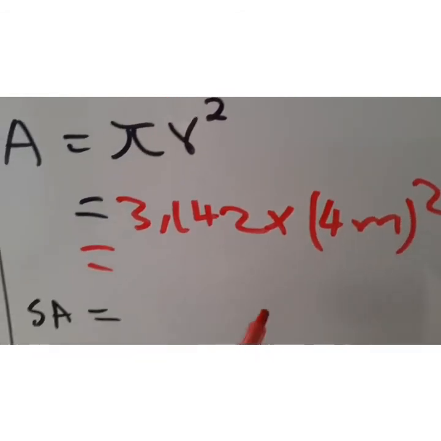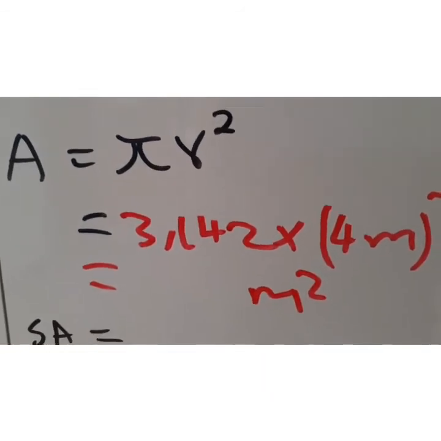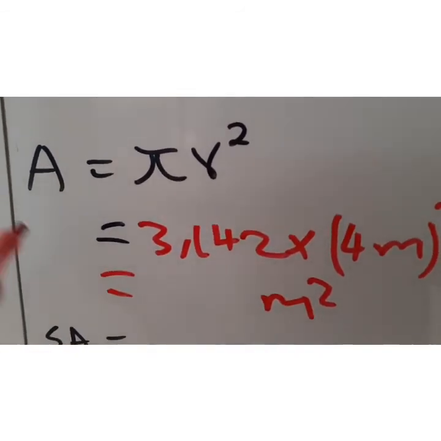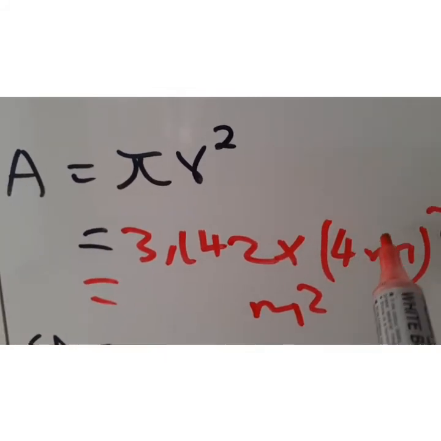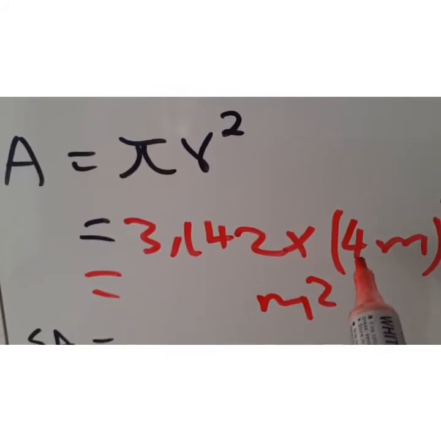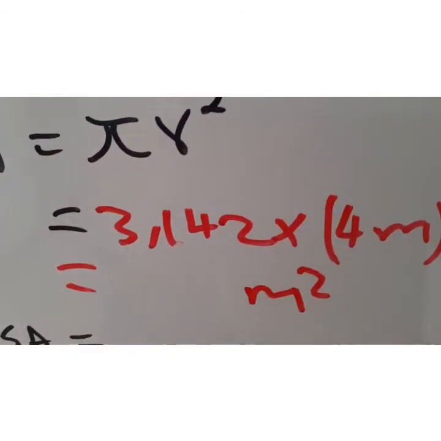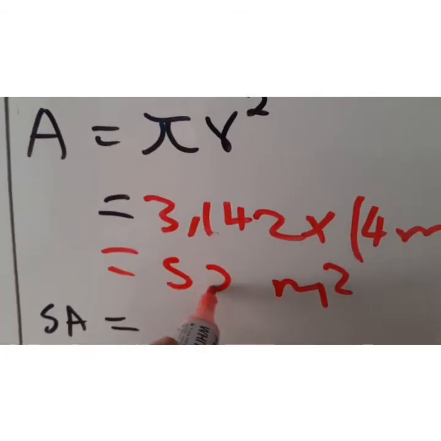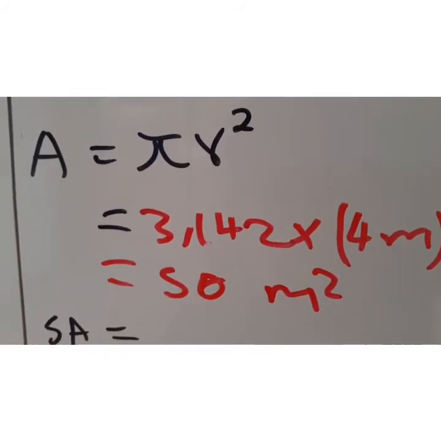This would be m squared. My answer would be in m squared, because it's area anyway. And then I'd have my 4 squared, which would give me a 16 multiplied by 3,142. Then I'd actually get my 50 meters squared. So that is my area.